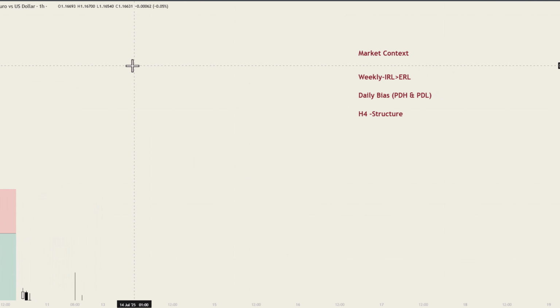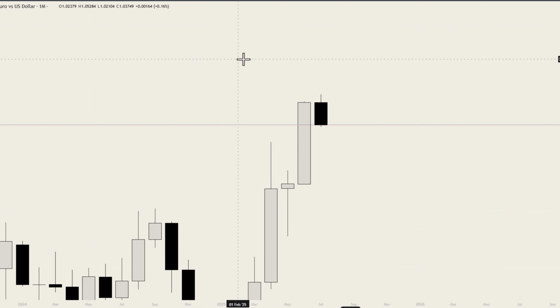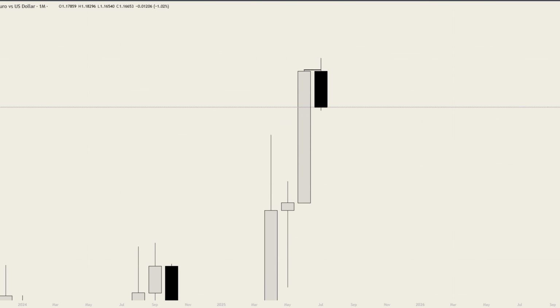So let's go to the monthly time frame to see what it is doing. Here is the monthly time frame, and we don't have a lot of details on it, but we see price swept liquidity above the previous month high, and we see some level of rejection.